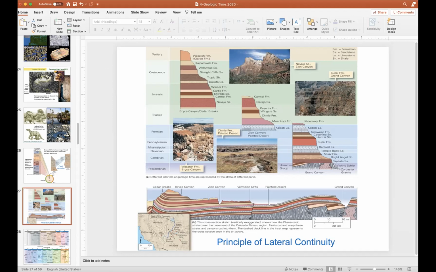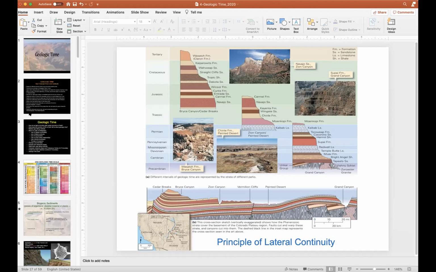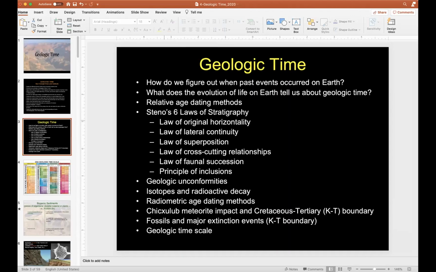Now there's another one. Here, I'm just going to go take a peek because I'm blanking. Original horizontality, superposition. Superposition is the one that tells you the oldest unit is at the bottom, and that subsequent layers are younger as you go up in that column.